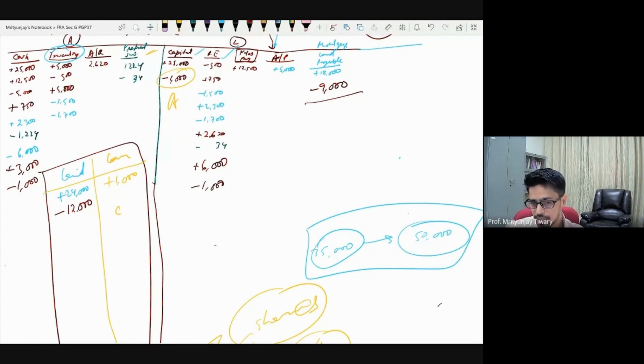In a sole proprietorship, you don't need to use these jargons. You have just taken 10,000 rupees out of the business, that's it. So in that case, either you do this treatment or this treatment, both are going to be considered correct. It doesn't matter because you don't know for what purpose the money has been taken.